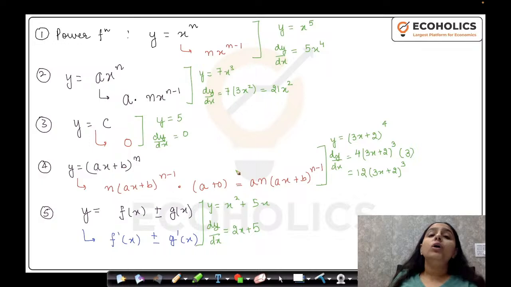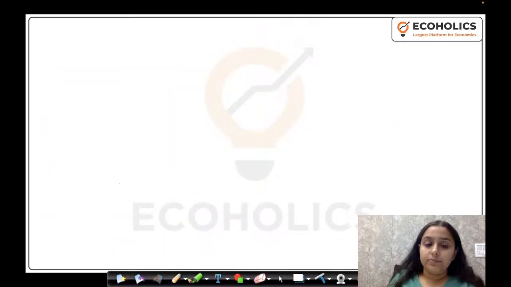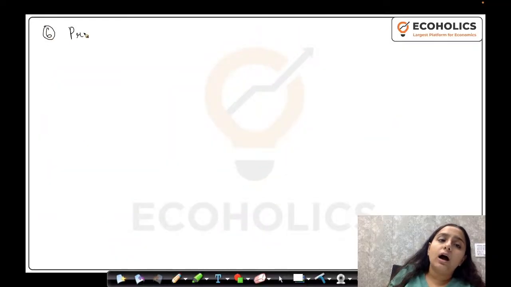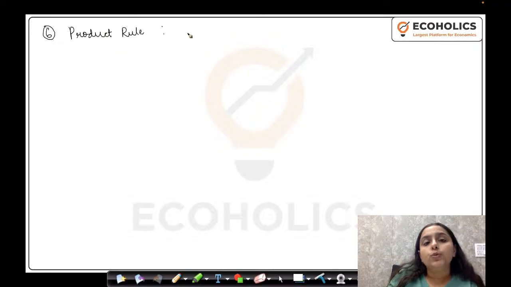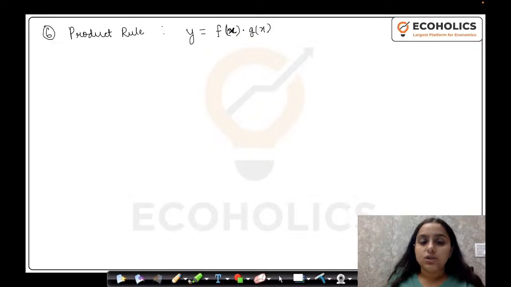But what if the functions are in multiplication or functions are in division? How will I solve them? If the functions are in multiplication or in division, how do I solve them? For the functions, when they are in multiplication, we use the product rule. So the product rule is used when y is f of x into g of x. So what does this product rule have to say?